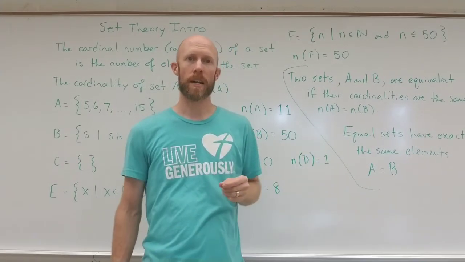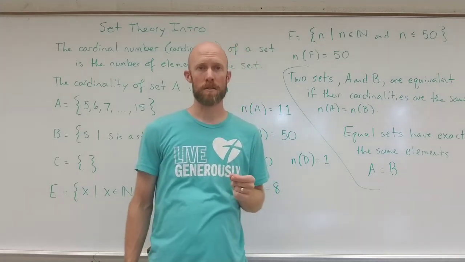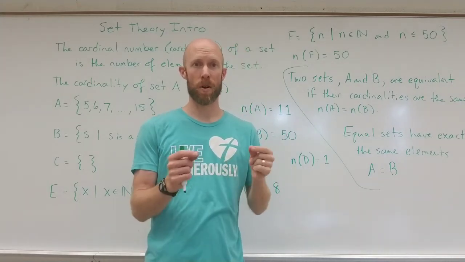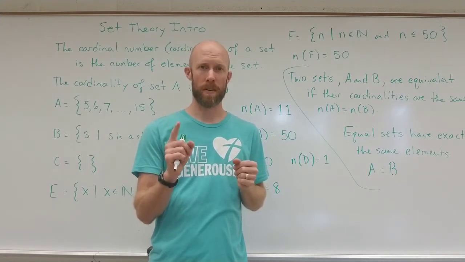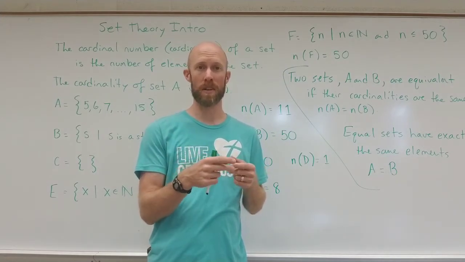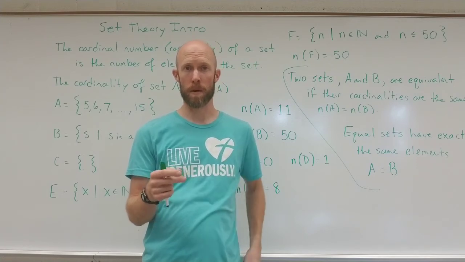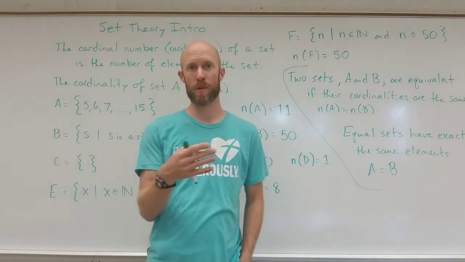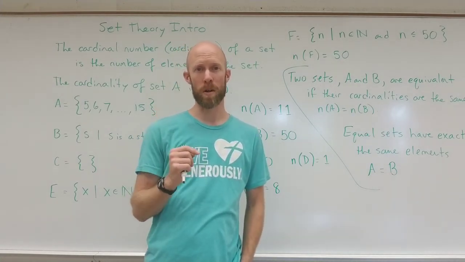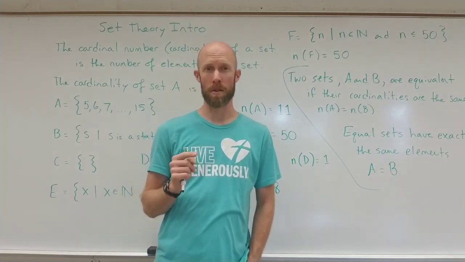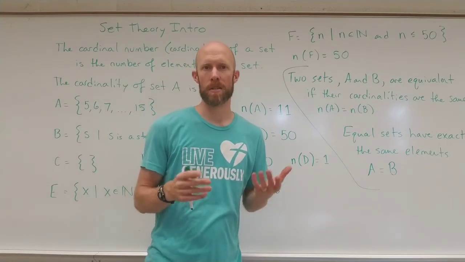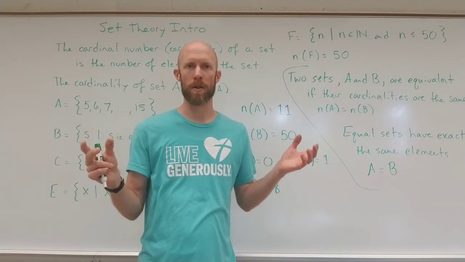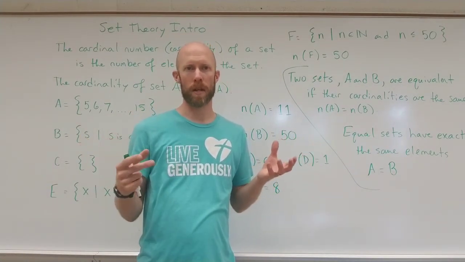In addition to that, you can repeat elements. You can have the number 5 show up multiple times in a set, and it really only counts once. In fact, repetitions we don't really even include. So if the number 5 showed up in a set 3 times, you'd only write it in once, and it only counts once towards the cardinality. And the order of the elements doesn't matter. You can scramble them around. Order is arbitrary in a set.